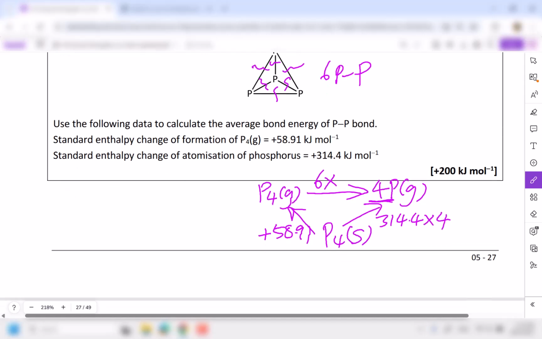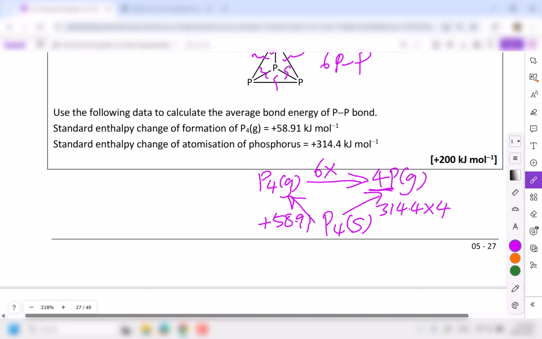With that, the calculation should be straightforward. From here, we're going anticlockwise, so that would be 6x equals to minus 58.91, it's minus because it's reversing the direction of the arrows, then plus 314.4 times 4. Then I solve for x.